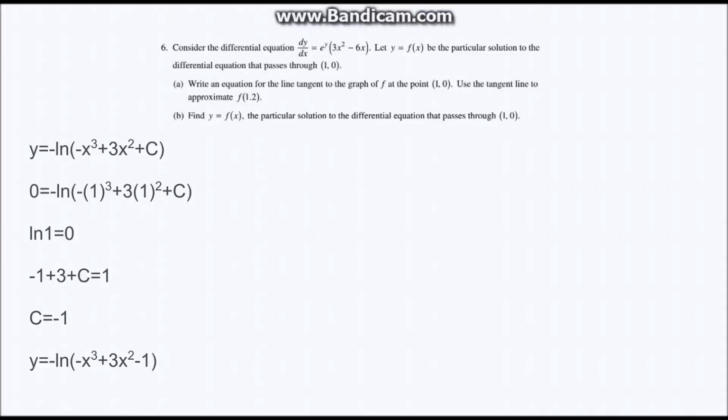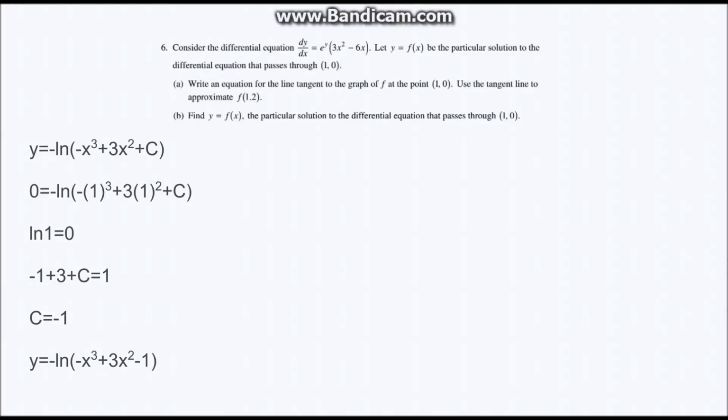So now we plug in (1, 0) because the differential equation passes through (1, 0). We plug in 0 for y and 1 for x, and we get 0 equals negative ln of (negative 1 cubed plus 3 times 1 squared plus c). Because we know ln of 1 is equal to 0, we set the inside of the ln equal to 1. So we have negative 1 plus 3 plus c equals 1.